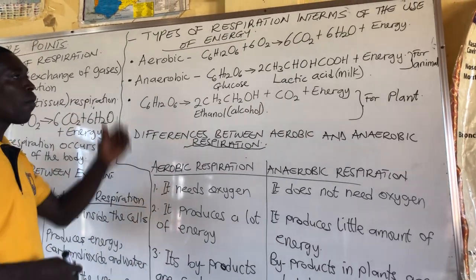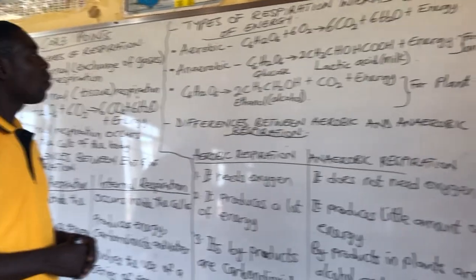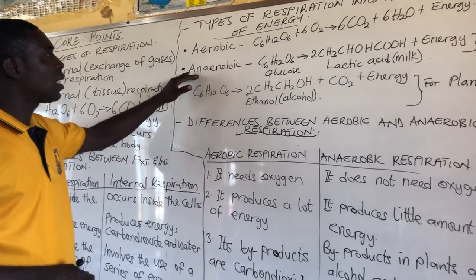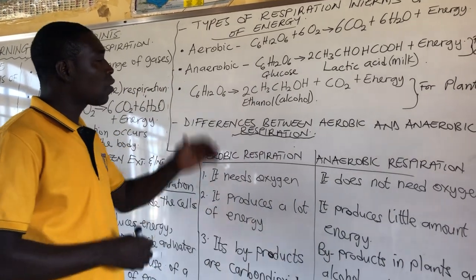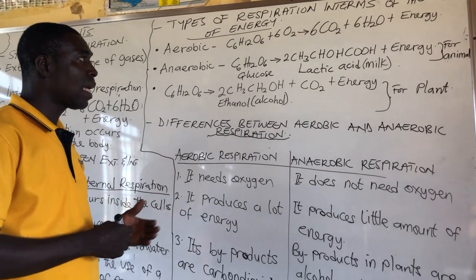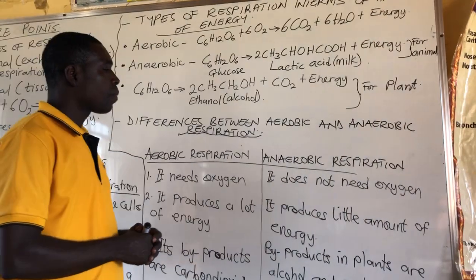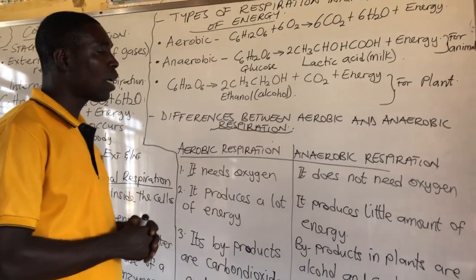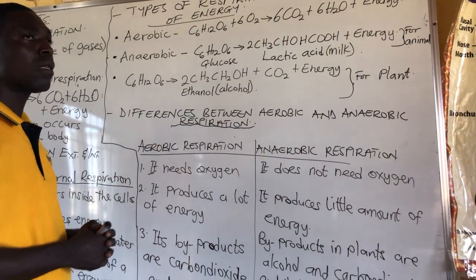Now let's continue with anaerobic respiration. With anaerobic respiration, it does not need oxygen. But little energy is released. Little amount of energy is released at the end of the reaction or the process.